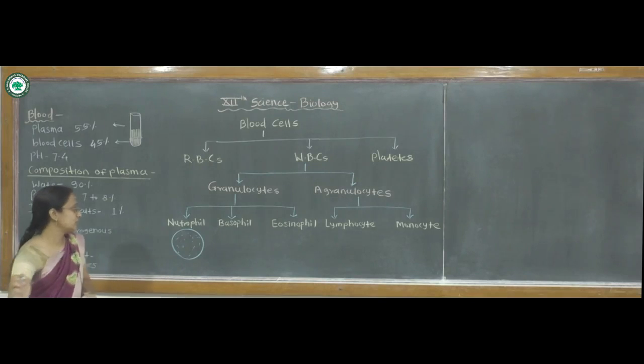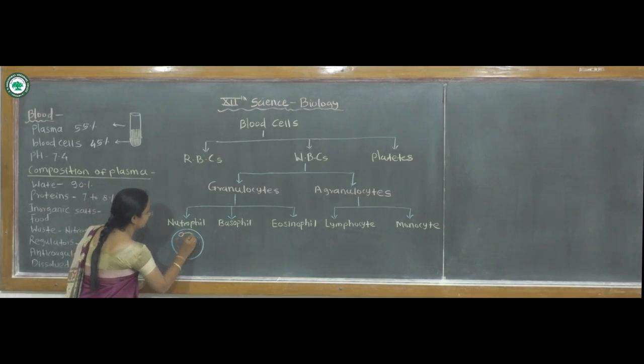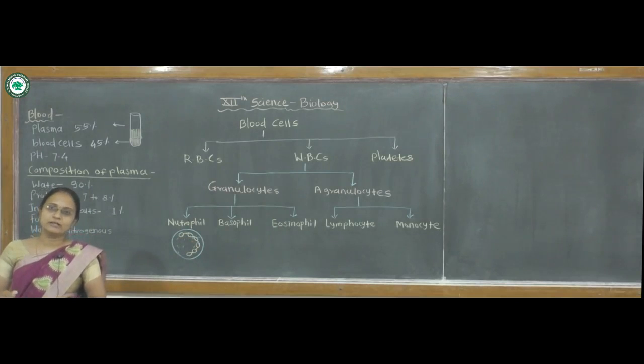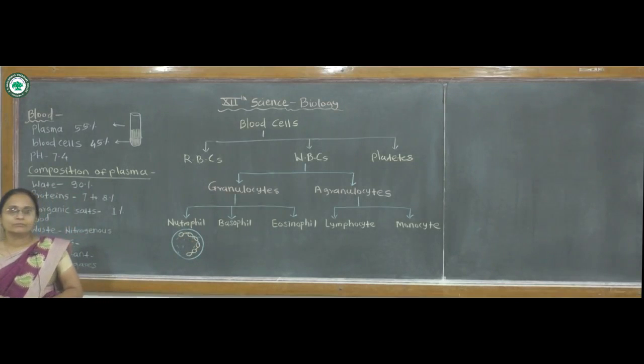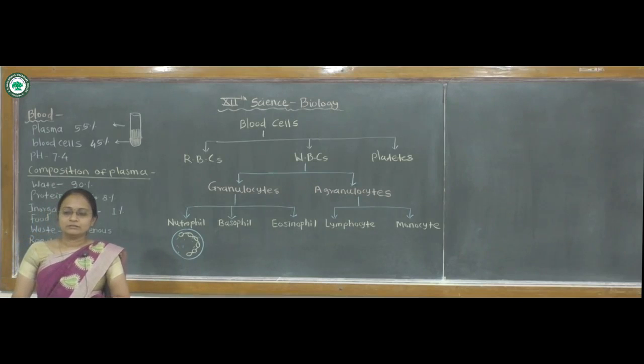It shows from more than 1 up to 7 lobes. Polymorphonuclear means many nuclei are shown in the cytoplasm of that cell.